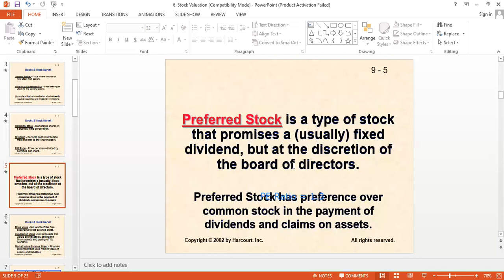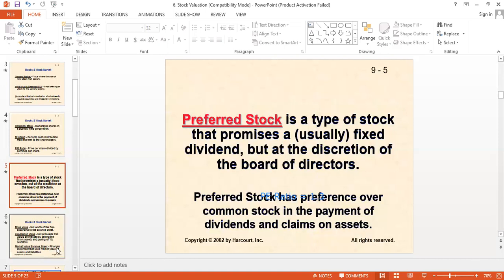It means if a company is going bankrupt and selling its assets, the amounts will be paid to preferred stockholders first, and the common stockholders later on. After the preferred stockholders' amounts are returned, whatever is left will be distributed among common stockholders.